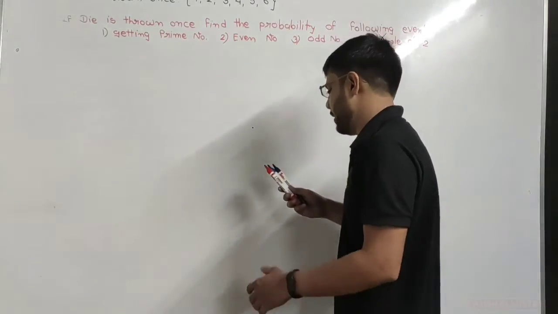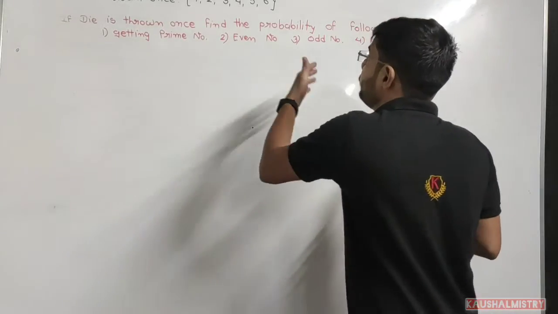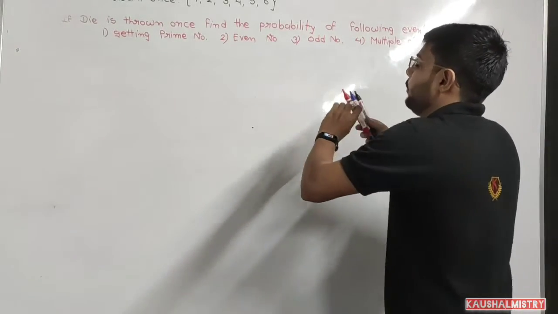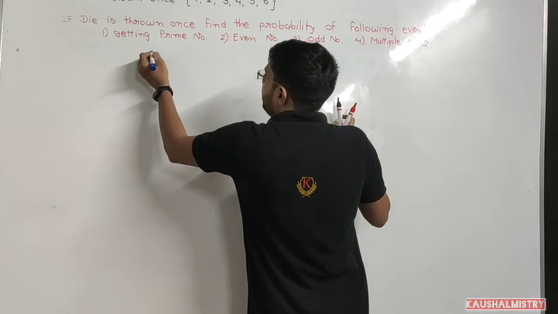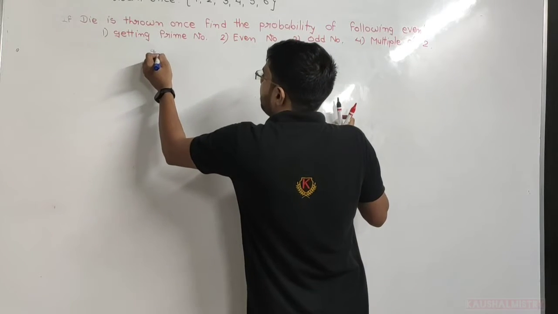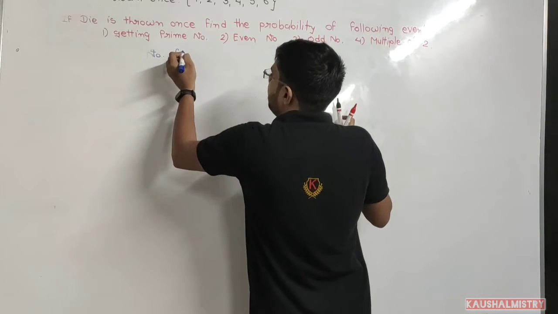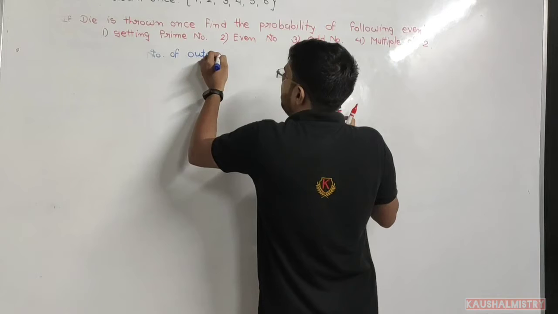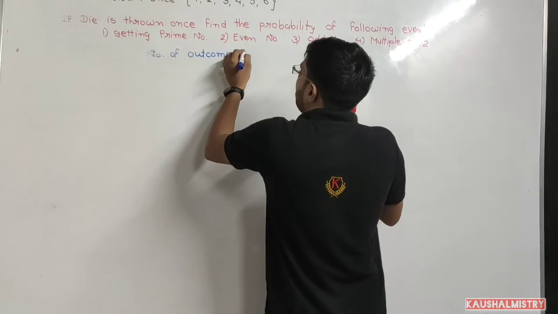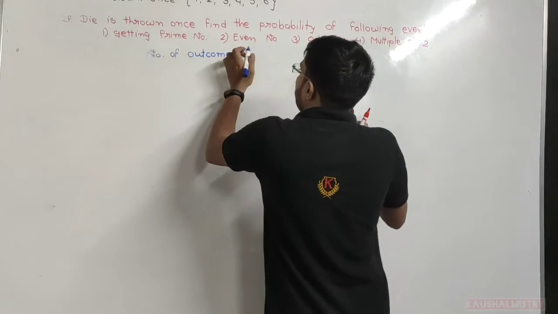So now if a die is thrown once, how many results are possible? If a die is thrown once, the number of outcomes will be total 6, right?